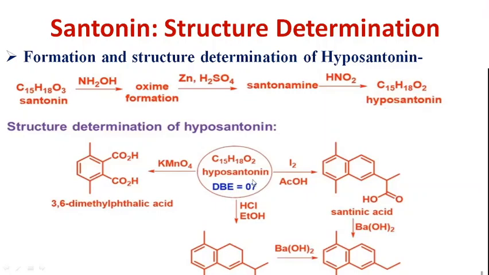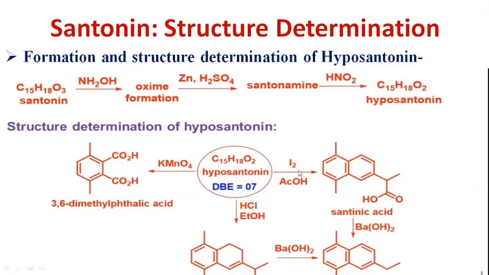Now let us see the structure determination of hyposantonin. We will go very generally. First, KMnO4 oxidation converts it into a dicarboxylic acid. 3,6-dimethyl phthalic acid is formed from hyposantonin, and this reveals the presence of the ring structure which has been degraded during oxidation.